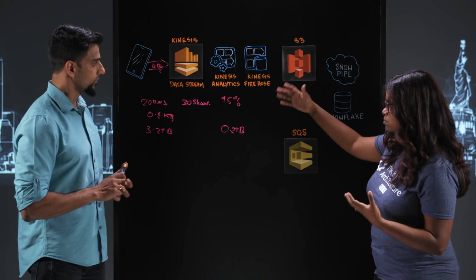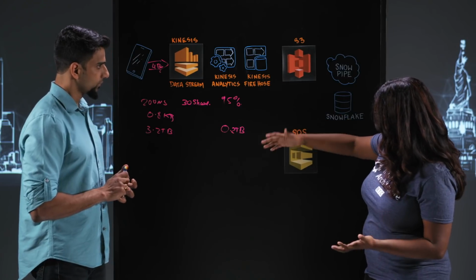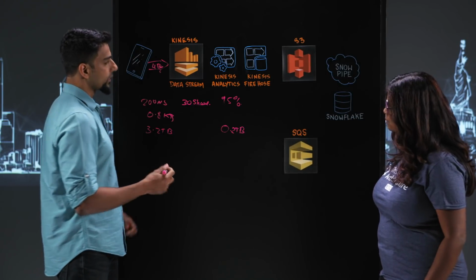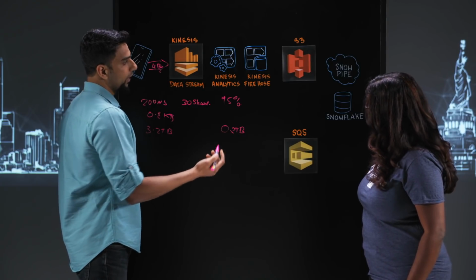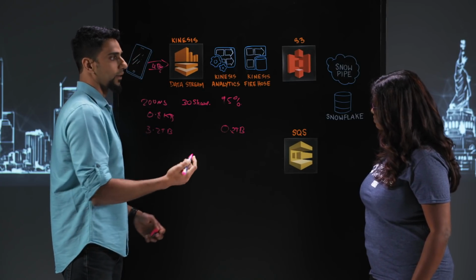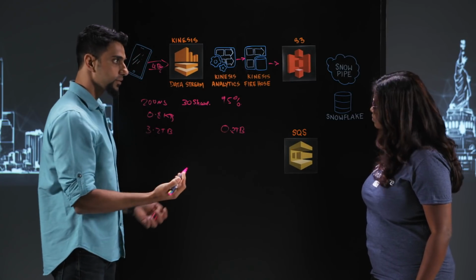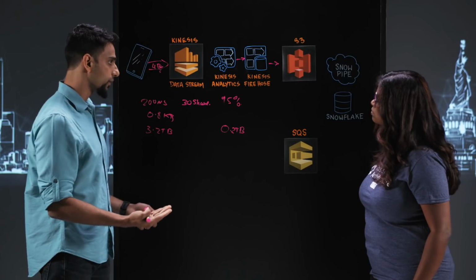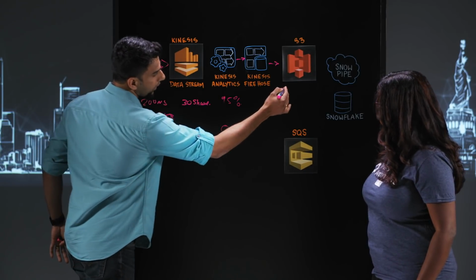Once the analytics function is performed and the compression is done, I see a Firehose here. What happens? Are you sending data over? Right. Kinesis Analytics is configured to send all this data to Firehose, and Firehose is configured to write a file to S3 at a 100 MB size limit or a 10-minute interval. Once it's in S3, it's pretty straightforward.